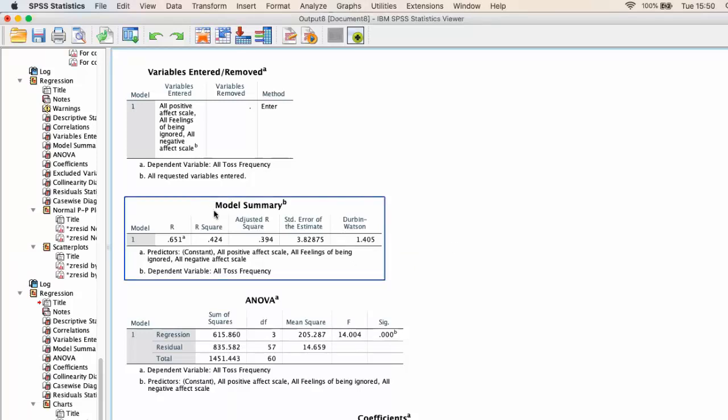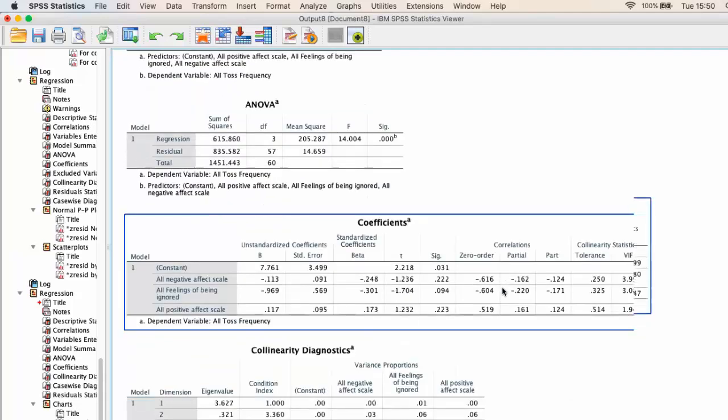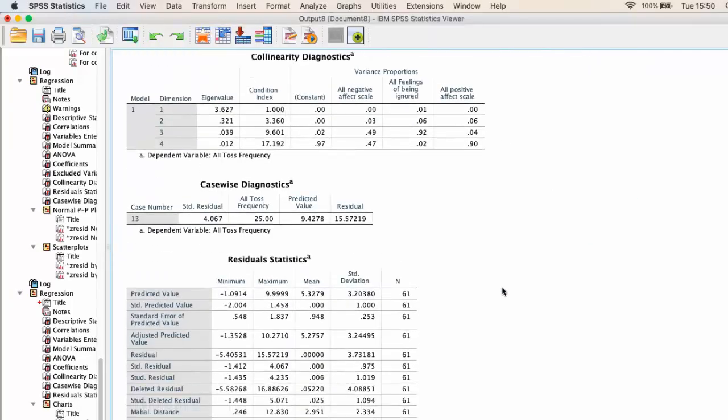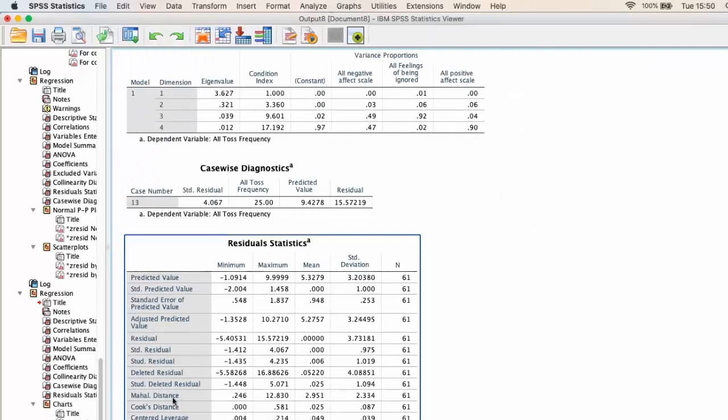You could talk about residual statistics, where you get your Mahalanobis distance and Cook's distance. Mahalanobis distance is used to detect multivariate outliers. The cutoff often depends on how many predictors you have. Mahalanobis distance right here has a minimum of 0.246 and a maximum of 12.830.